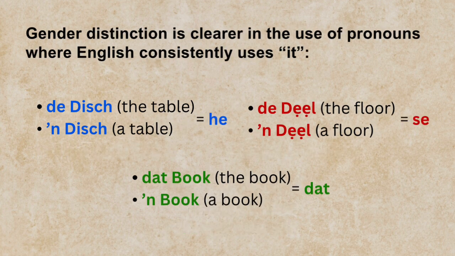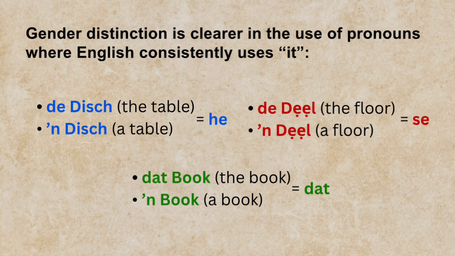Gender distinction is clearer in the use of pronouns, where English consistently uses it. De dish, n dish, hey. De del, n del, zij.